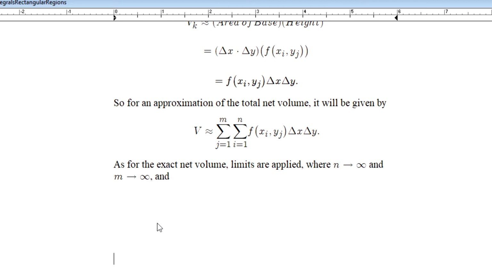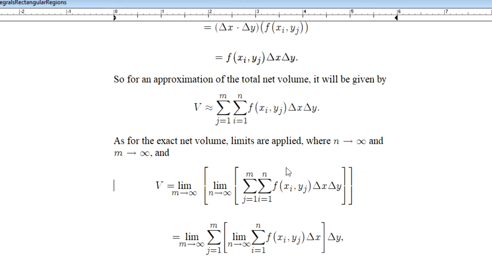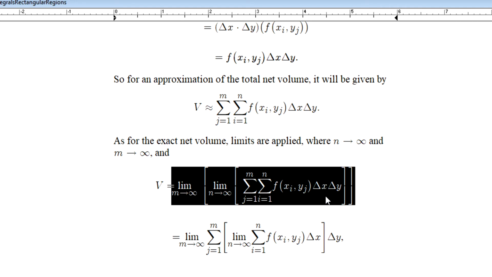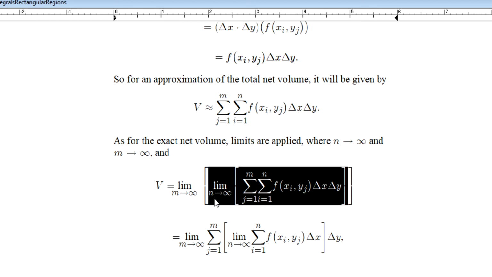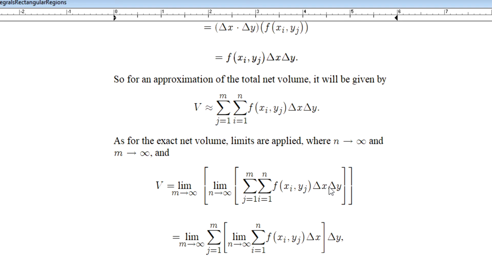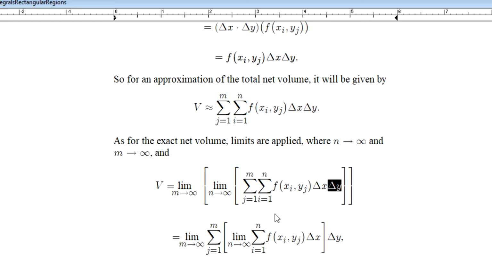If we look at that application, it might initially look like this, where we're first going to apply the limit with respect to x, or I should say n, as n heads to infinity, which is going to be considering x changing, and then come back and apply the limit with respect to m, as m heads to infinity, where we're going to be considering the change in y.